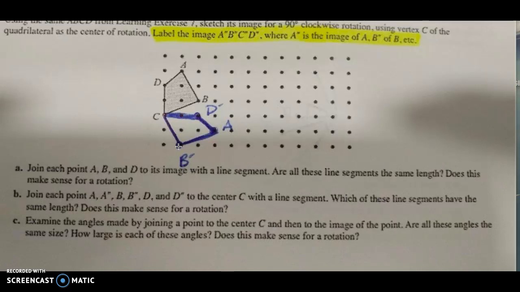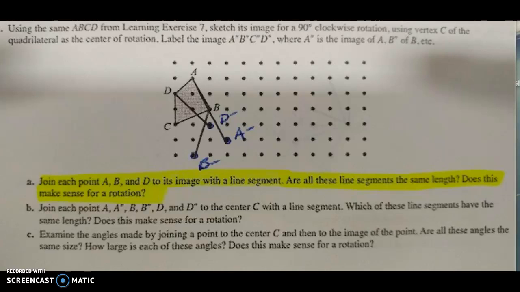And then from there, I looked at the relationship between B and A, how many spaces apart, and then I made my point A. From A to D, I looked at the spaces between A and D, and then I made A prime and D prime. And likewise, from D to C, I made D prime and C prime. That's all that the question asked me for that one.